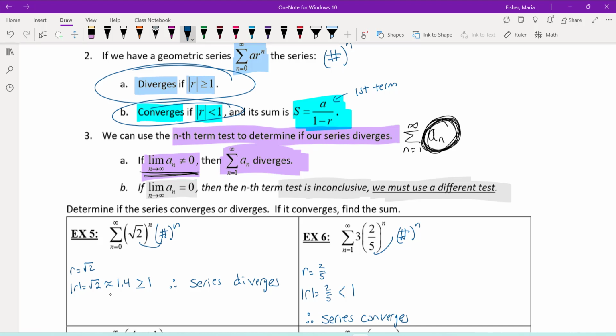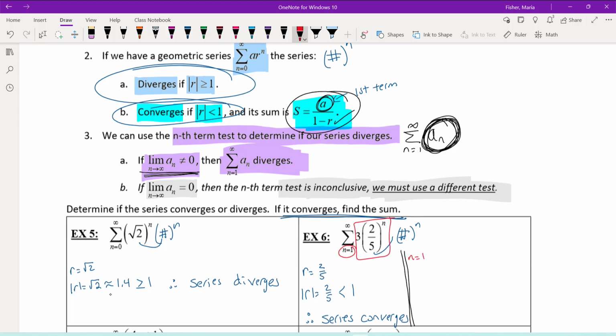Now the direction said, if your series converges, find your sum. Now let's find the sum of this convergent series. So recall, our sum formula is a divided by 1 minus r for a geometric series. All we have to do is figure out what my first term is because I already know what r is. How do I find my first term? Plug in the counter in place of your n in your formula.